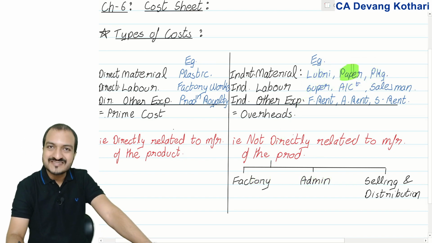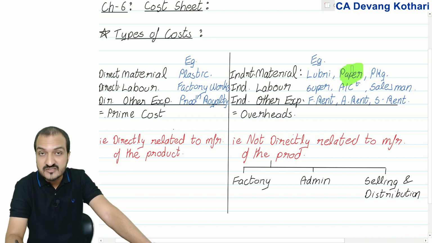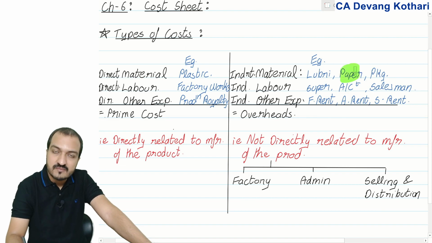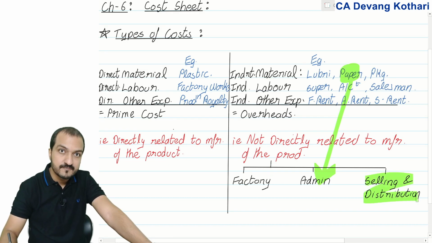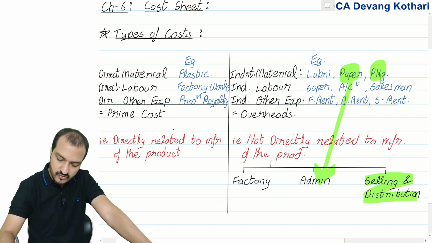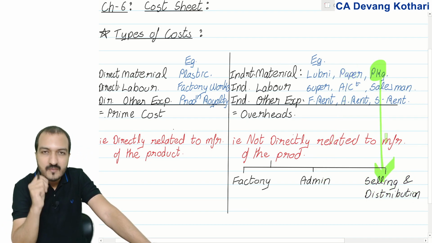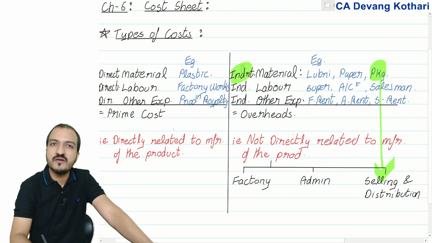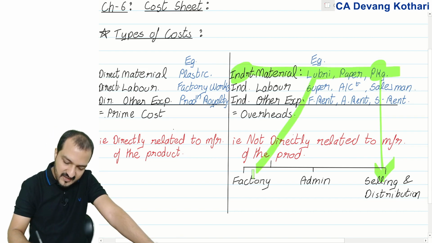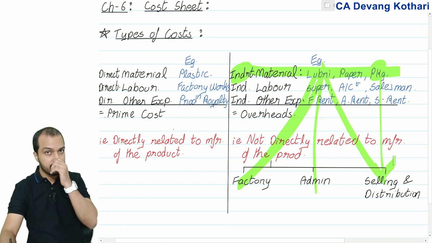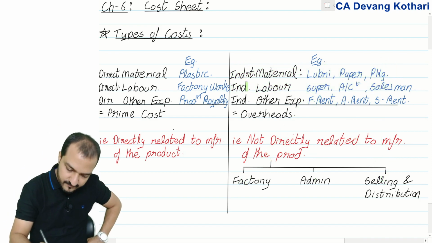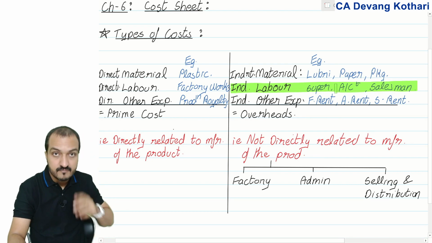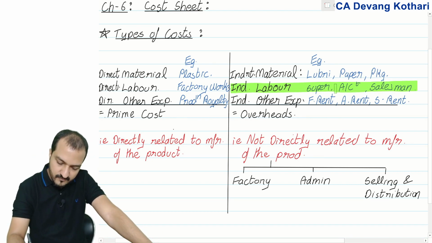Yeah, paper or stationery, or say printing pages, printing cartridge, ink for the printer and all that will become the stationery items or stationery material which is used for admin purpose. And for selling and distribution, packaging material is a material used for selling and distribution. So you notice that every item of indirect cost can be further classified between factory, admin or selling. Same goes for indirect labor. Chalo, you tell me. Total three examples of indirect labor. Which is the indirect labor incurred inside the factory?